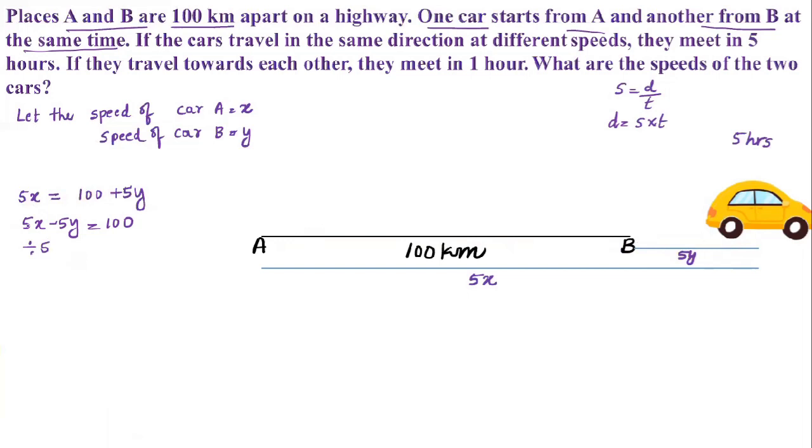All the terms are divisible by 5, so divide by 5. x minus y is equal to 20. This is the first equation.